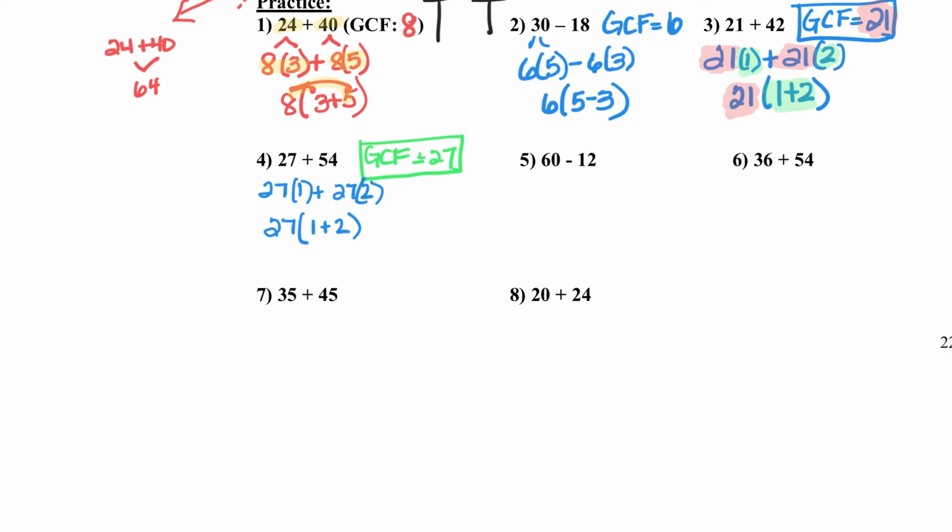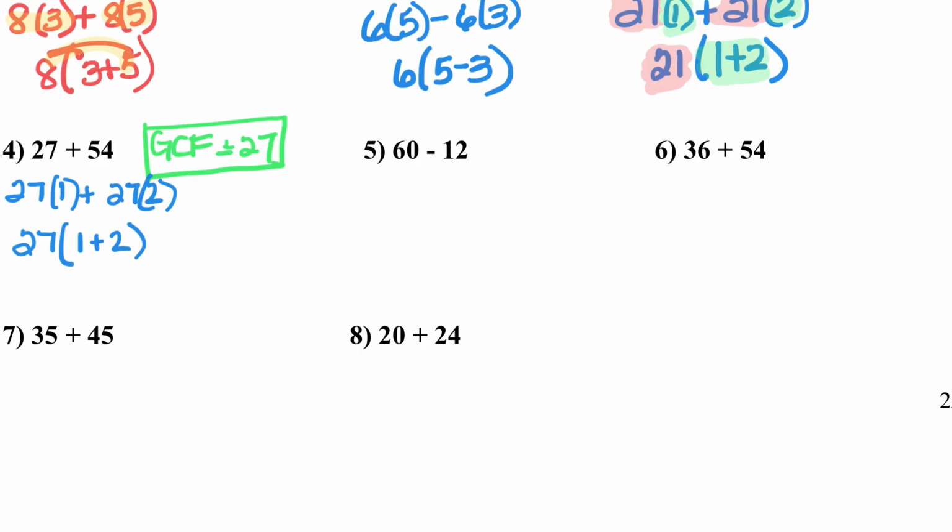Let's go on to number 5. Number 5, what is the GCF of 60 and 12? The GCF of 60 and 12 is 12. Then I'm going to rewrite my problem with the GCF of 12.